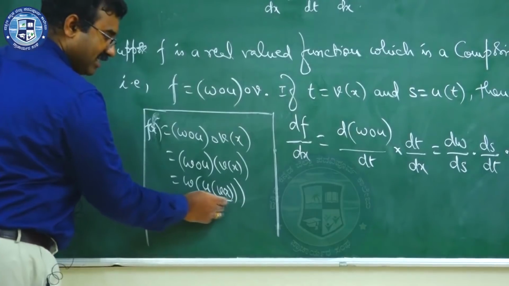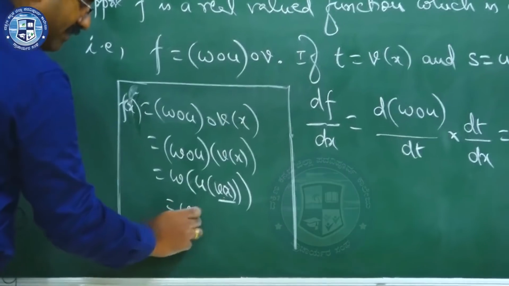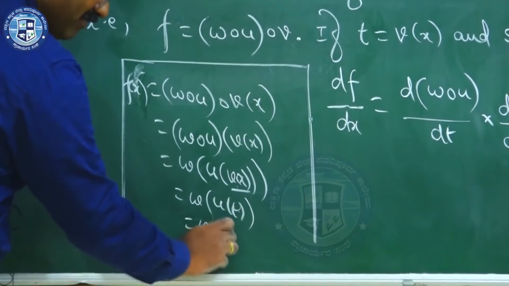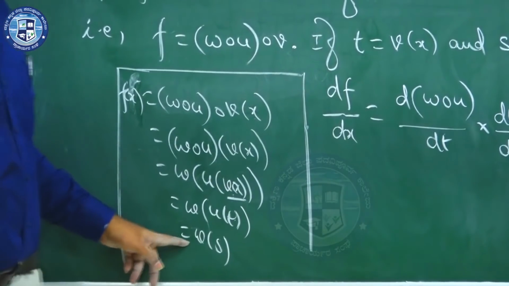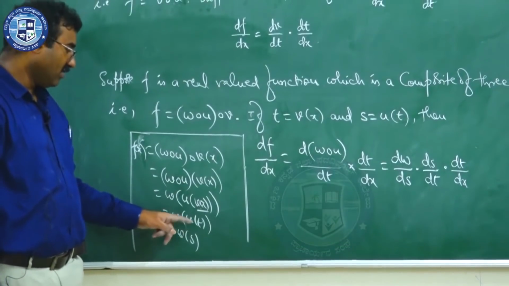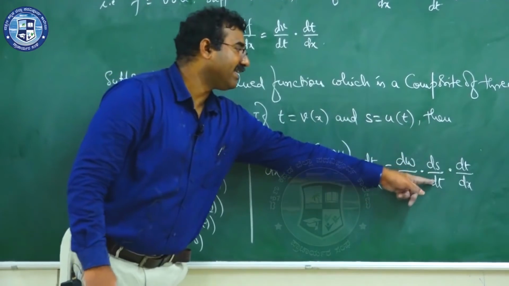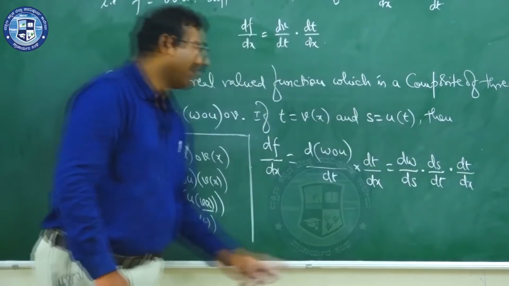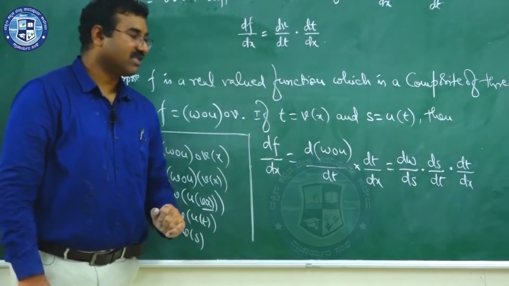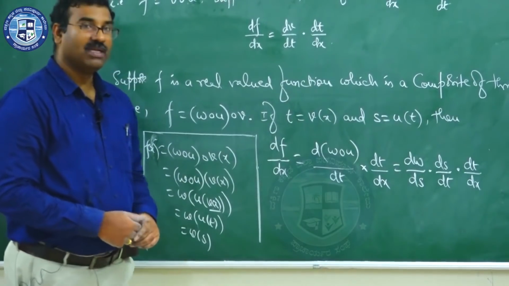Here v of x is t, then it becomes u of t, and u of t is s, giving w of s. That is why we write dw by ds into ds by dt, since s means u of t, and then again t is a function of x, that is why dt by dx. In this way we use the differentiation of composite functions.